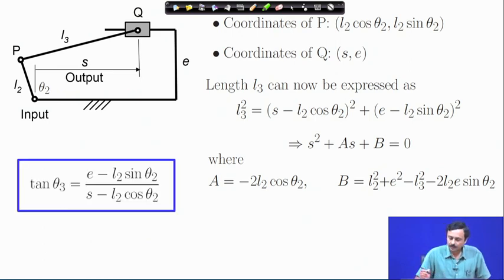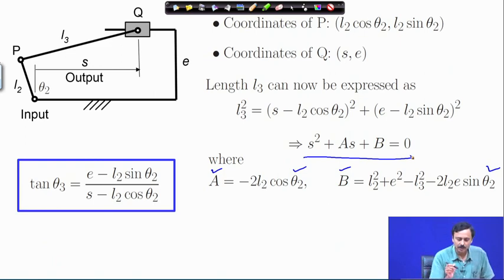Now, we have to solve for S. Remember that we are solving the problem of forward kinematics in which theta 2 is given. So, we completely know A and B, therefore, I can solve for S from here. Once I solve for S, I can now find out the tangent of this angle theta 3.